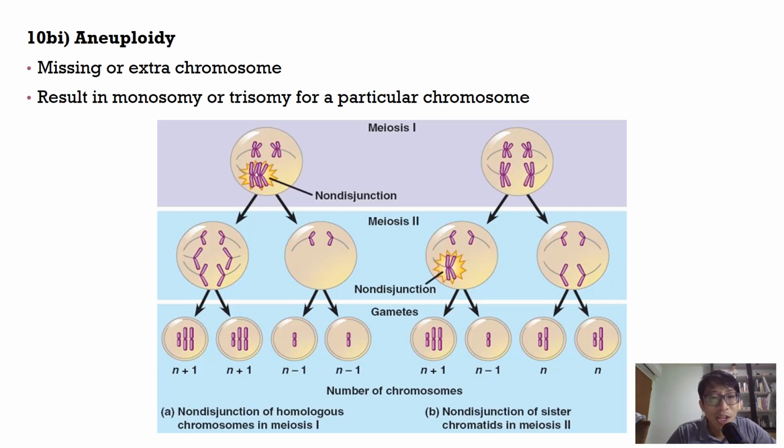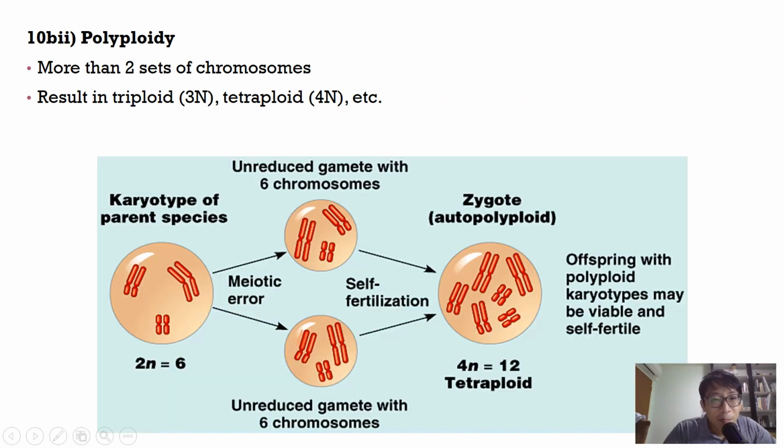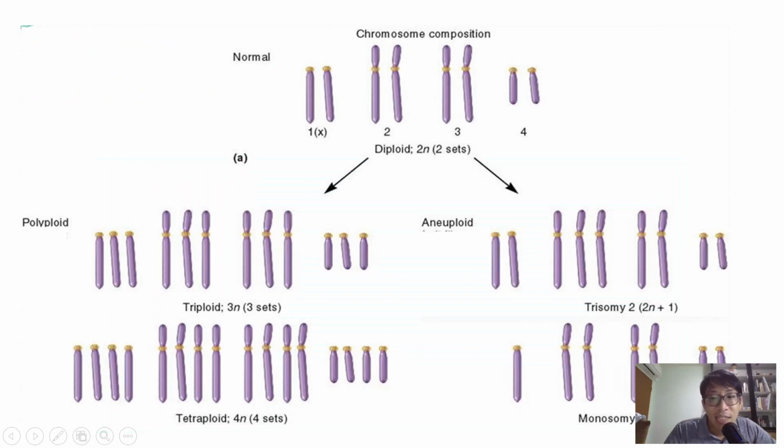For those who are not so good with this topic from secondary school, or have not studied biology in secondary school, you can leave it till we teach you mitosis and meiosis, and then you will understand the process a bit better. Polyploidy is also a mistake in the mitosis or meiosis process, but instead of just one or two extra chromosomes, the whole set is extra.